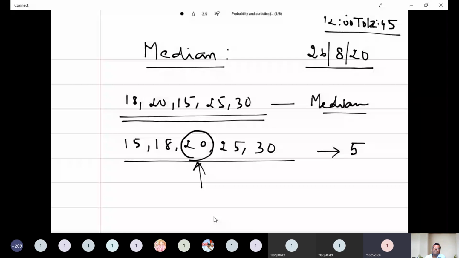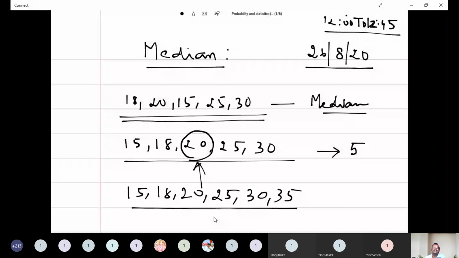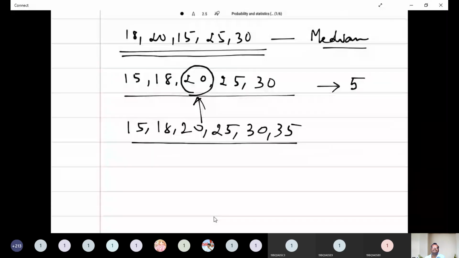Okay. Now suppose the observations are even. Suppose we add one more observation. Say 15, 18, 20, 25, 30, and 35. Totally, how many observations are there? 6 observations are there. Is it right? Now we need to find the median of this one.